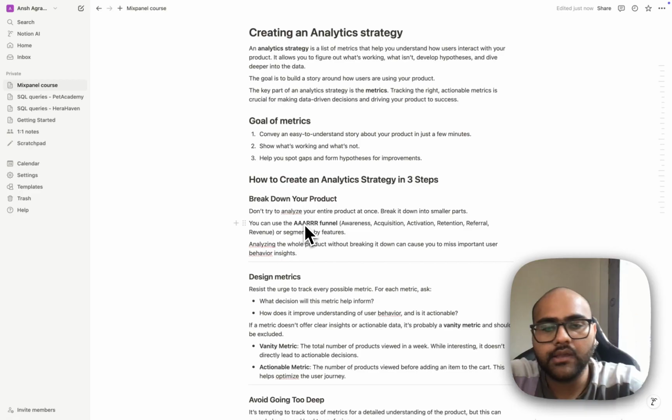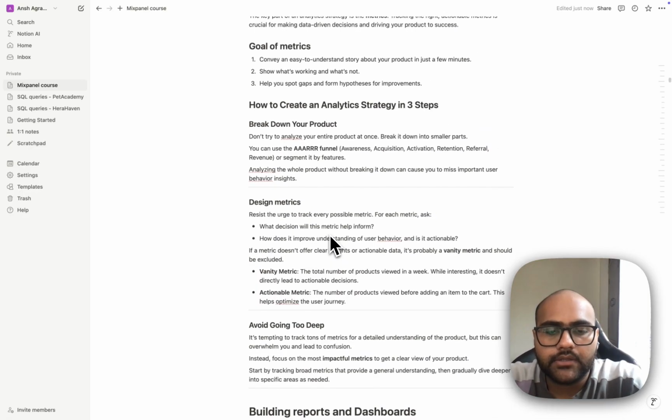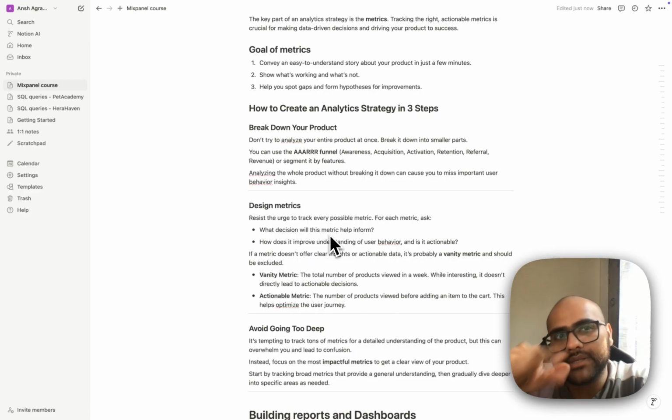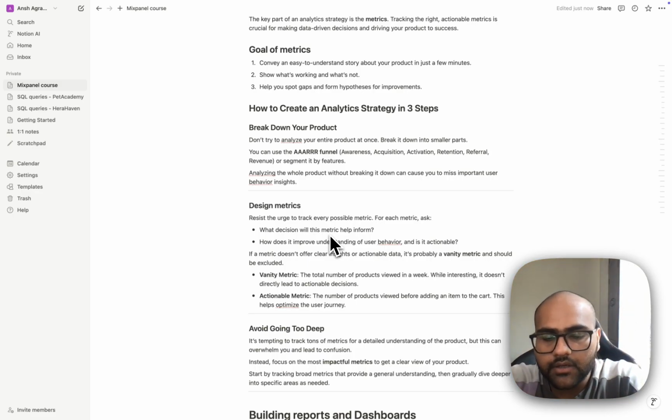Okay, the last one: avoid going too deep. It's tempting to track tons of metrics for a detailed understanding of the product. To this date, even when I'm creating analytics strategies, a lot of times I feel like I'm missing this, I'm missing that, which could help me understand things better.